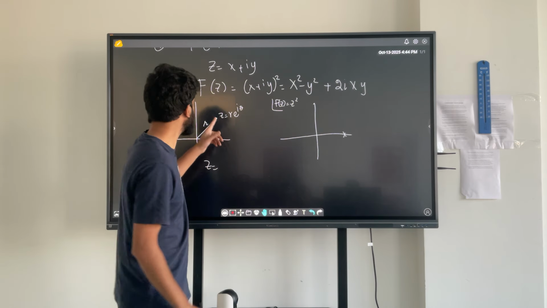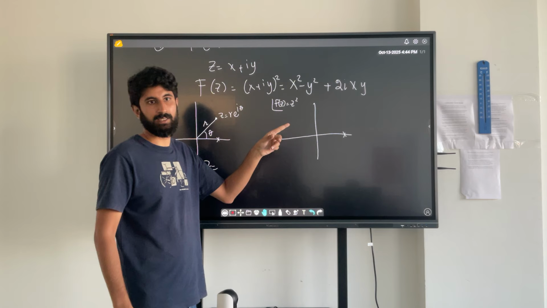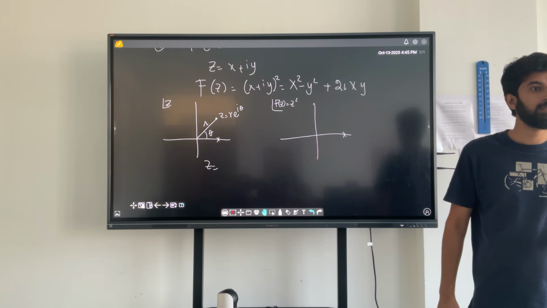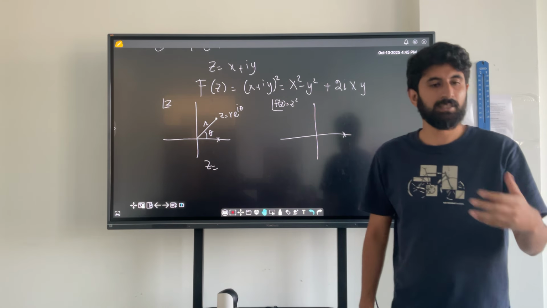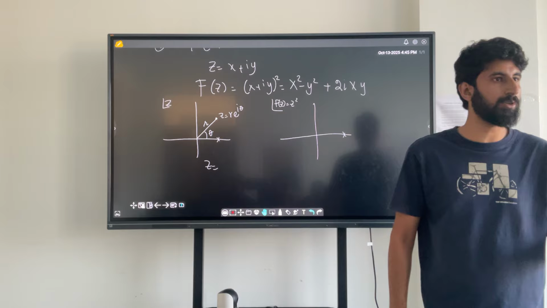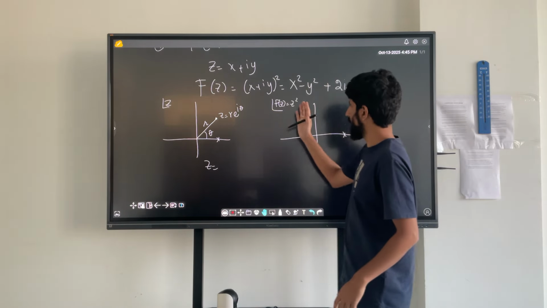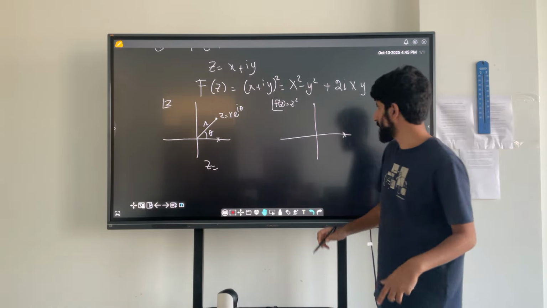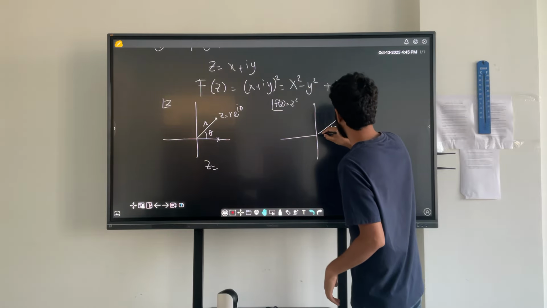What about z square? Can you square this? It is r square e power 2 i theta. So what is the modulus of this new complex number? It is r square. And the argument? 2 theta. Exactly. So if this was theta, it's double that.